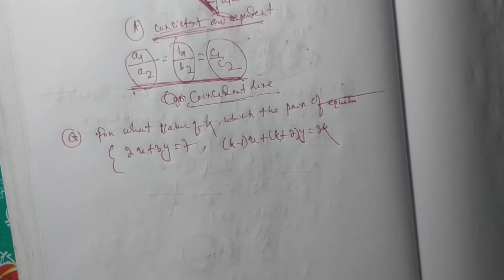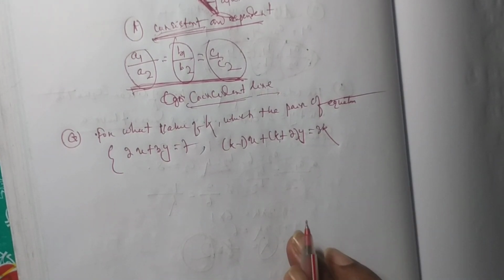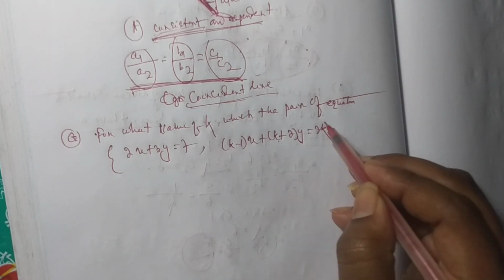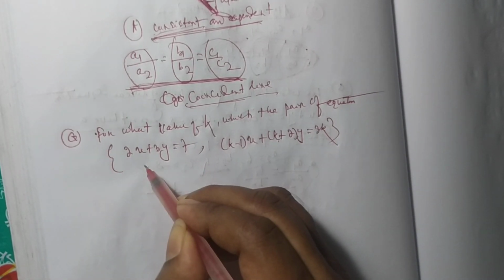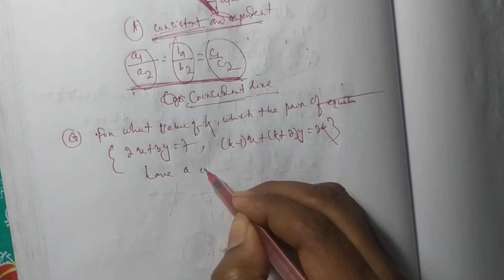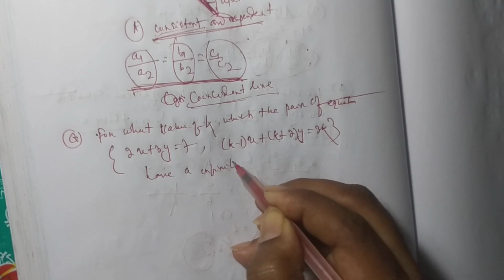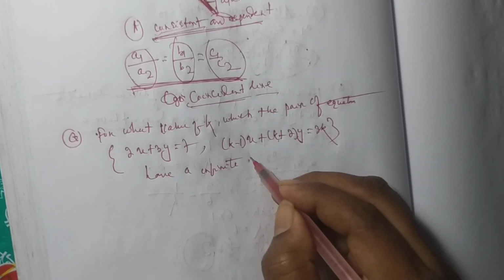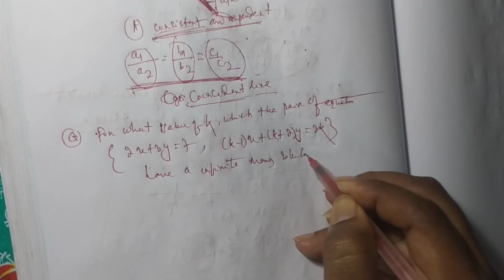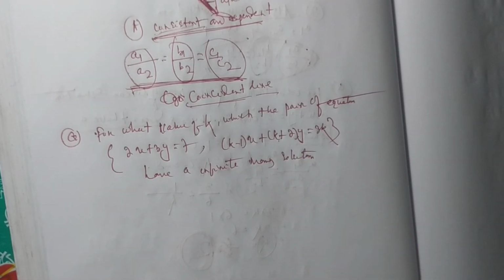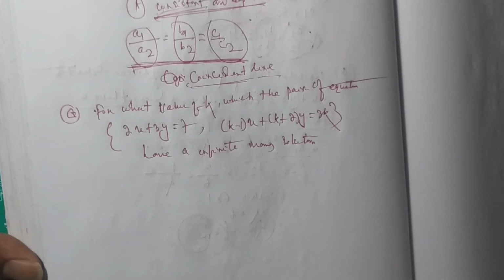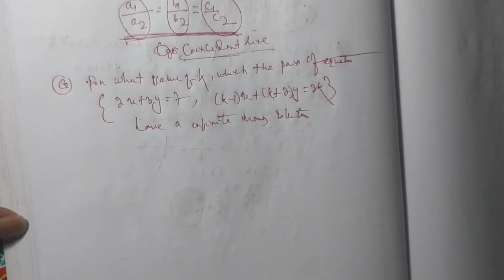have infinite many solution? This type of question will be given, and at last it will be written that they have infinite many solution. How will we do it? Firstly, this is important.